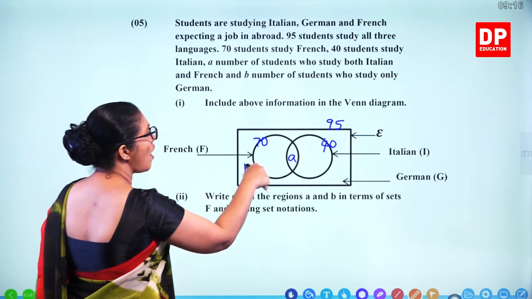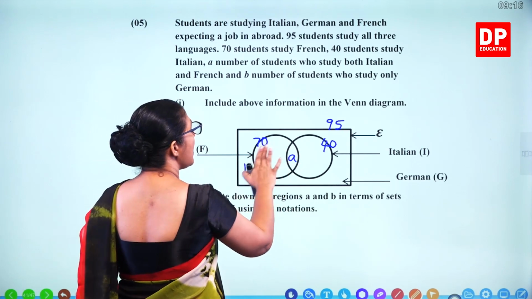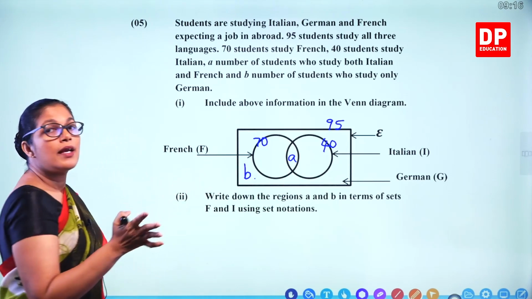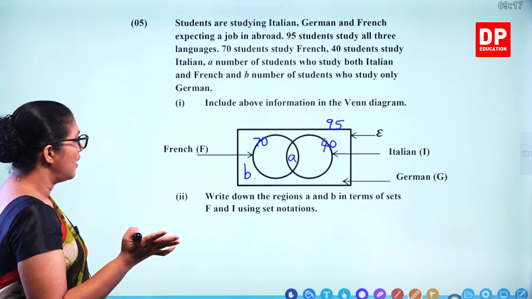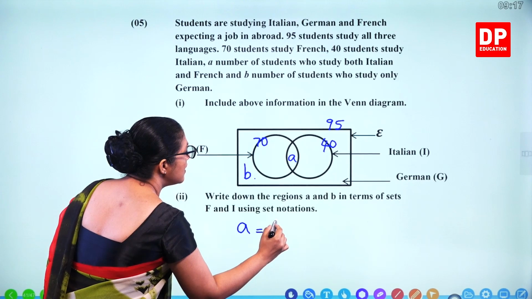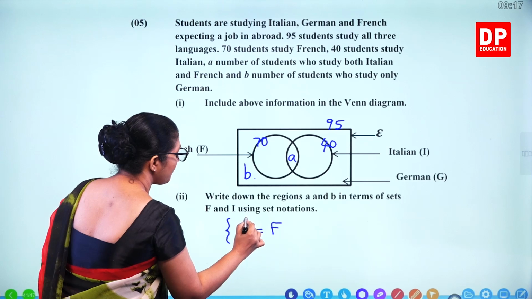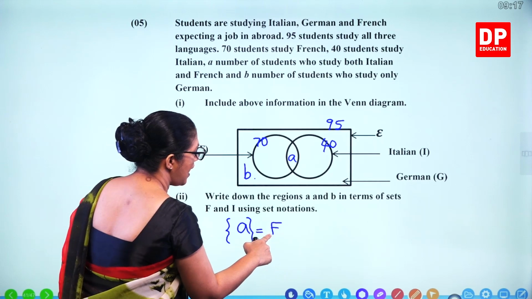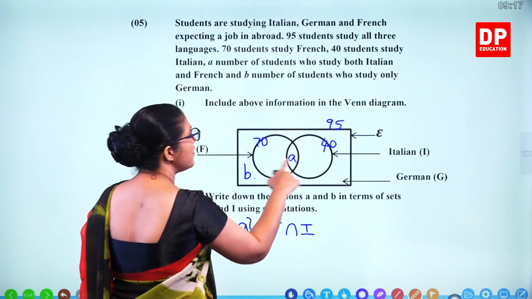F is French, I means Italian. So what is A? A means intersection of F and I. So you can easily write A region is F intersection I. That's the common region for both.